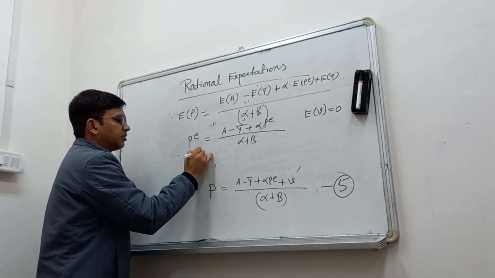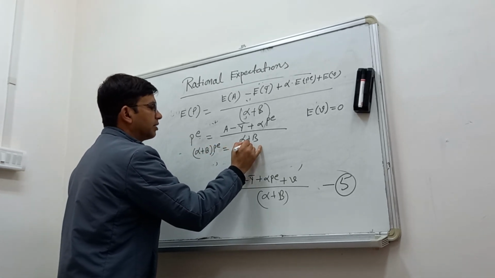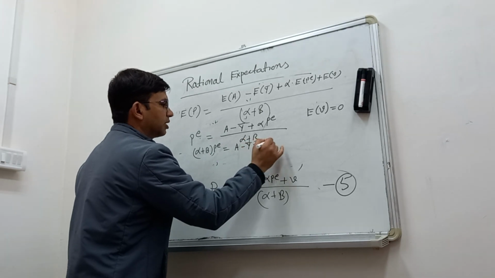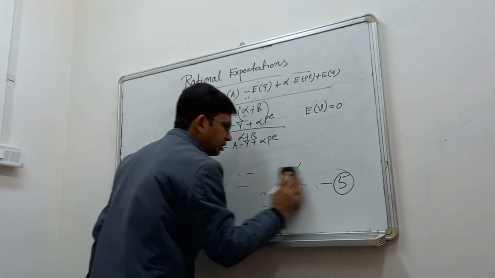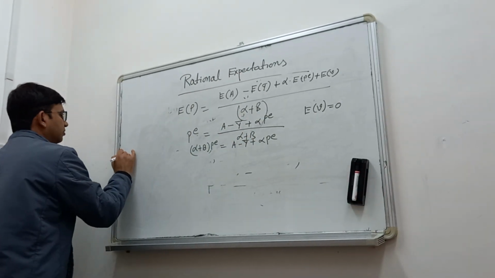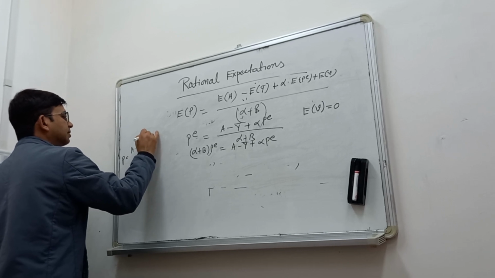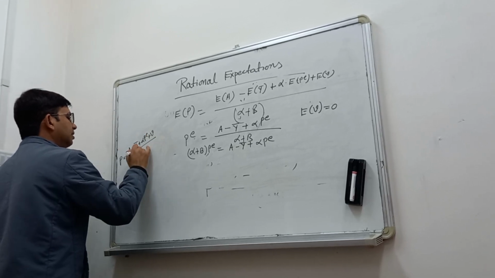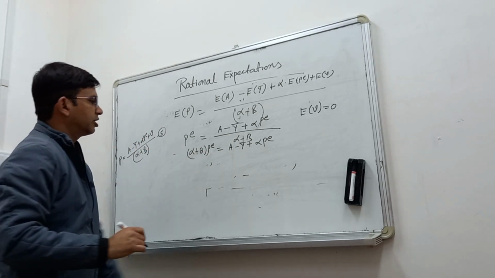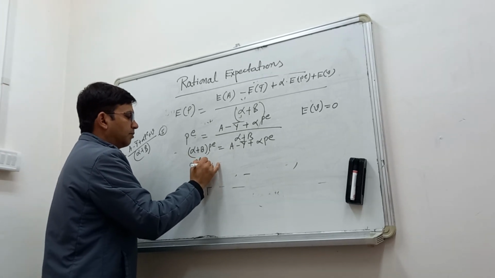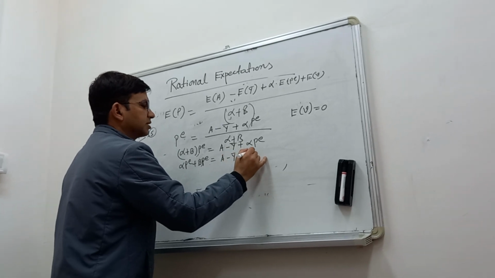By cross multiplication, alpha plus b into Pe equals A minus y bar plus alpha Pe. So alpha Pe plus bPe equals A minus y bar plus alpha Pe.